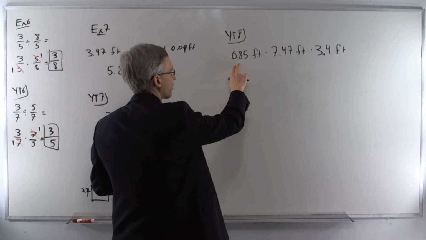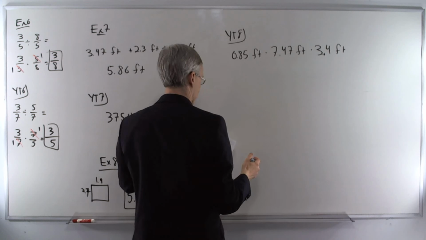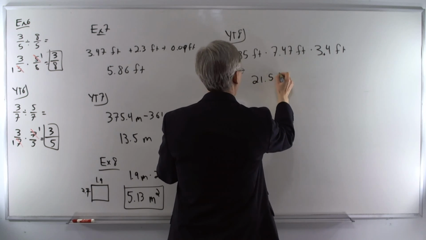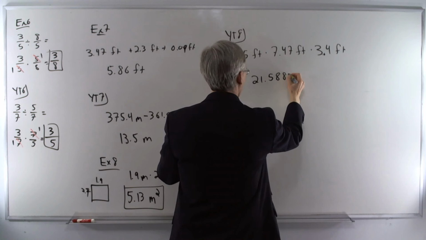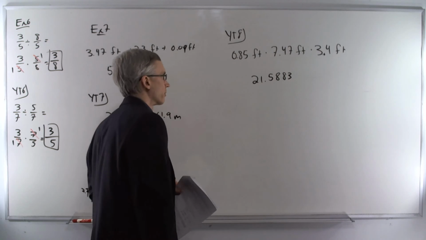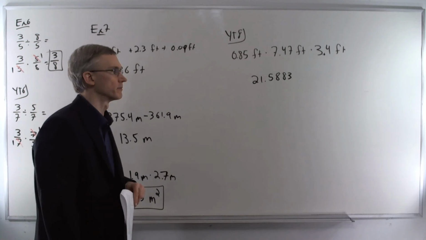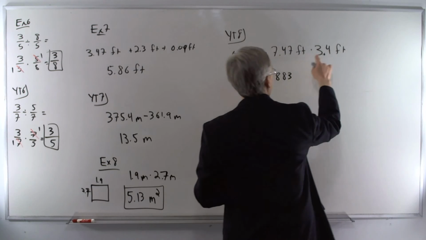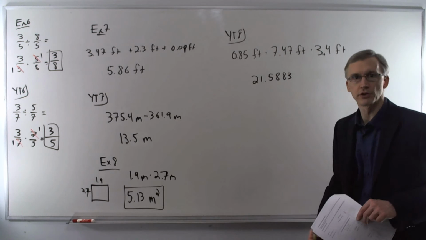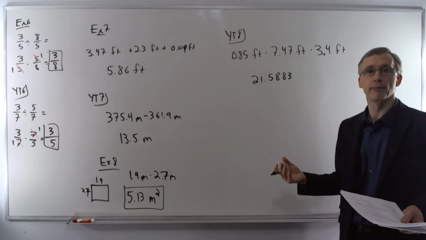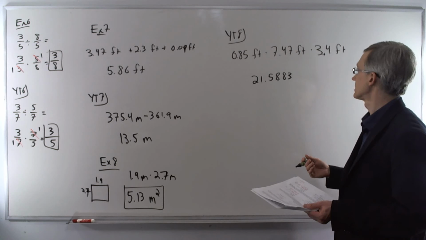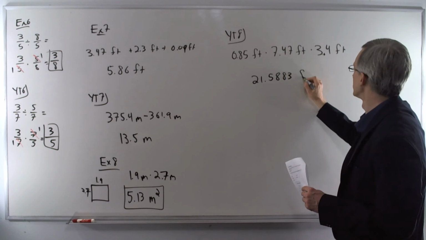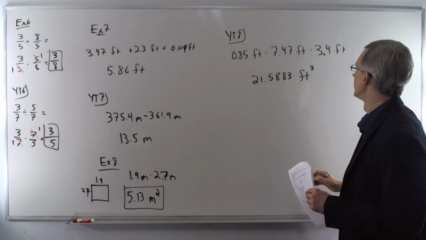Multiply the numbers together first. And we get 21.5883. Not worried about significant digits, just multiply them out. And now we're going to multiply the units together. Feet times feet times feet. Well, if we do 2 times 2 times 2, that's 2 to the third power. x times x times x is x to the third power. So feet times feet times feet is feet to the third power, or feet cubed.